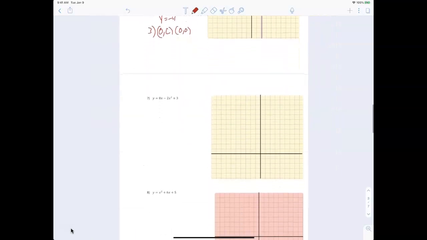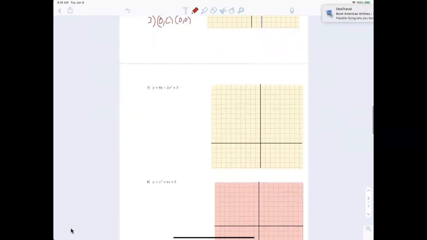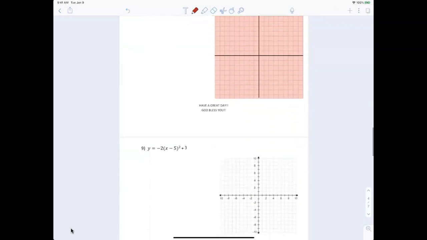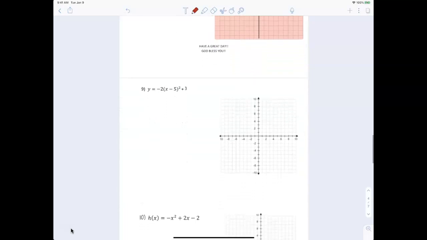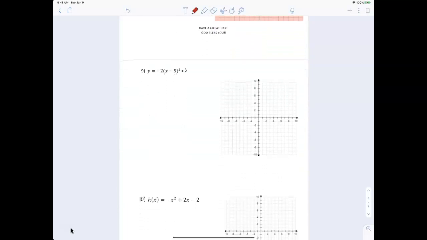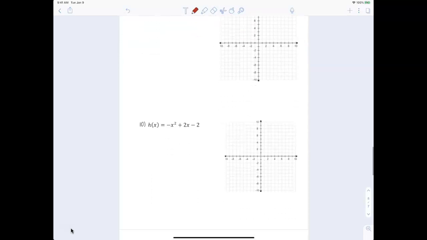Now I really would like for you to try 7 and 8 on your own. Let's see what you can do on that. Then what I did was I added a vertex form for extra practice. I want you to try to review that. If you forgot, look back at your notes and do it. Then number 10, here's another standard form.